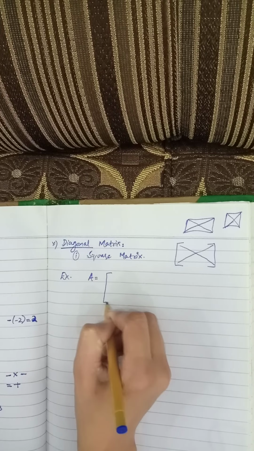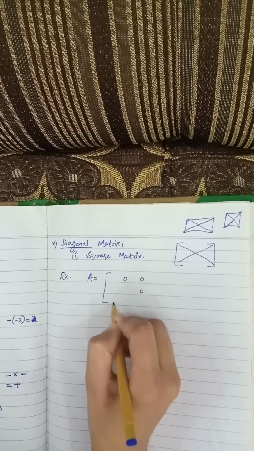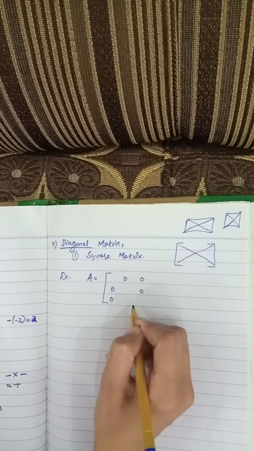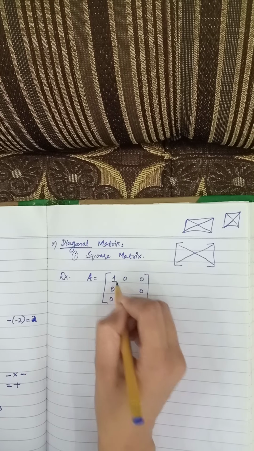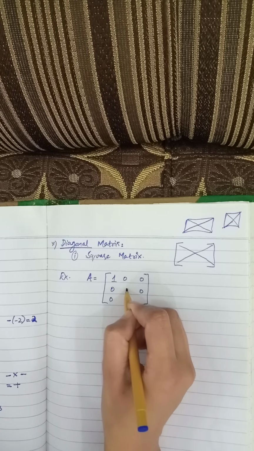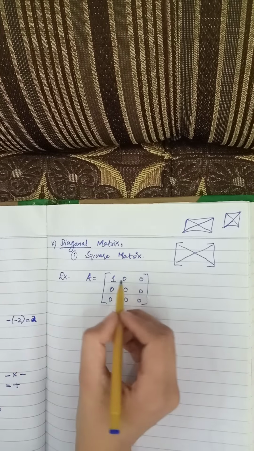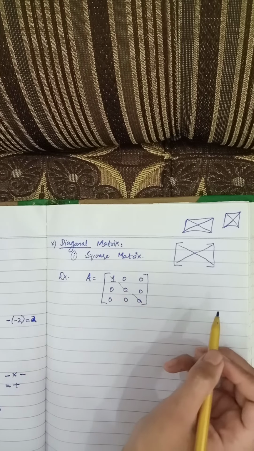A equals 0, 0, 0, 0, 0, 1, 0, 0, 0. This is basically the diagonal of the matrix.